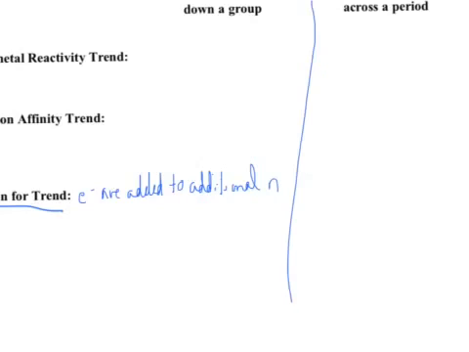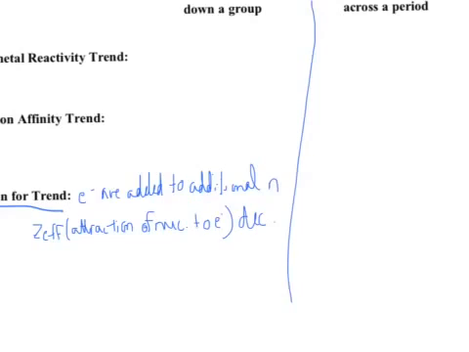Since the electrons are being added to new energy levels, that attraction decreases. So I'm going to write that down. Zeff, which is the attraction of the nucleus to the electrons, decreases. There's not as much attraction.